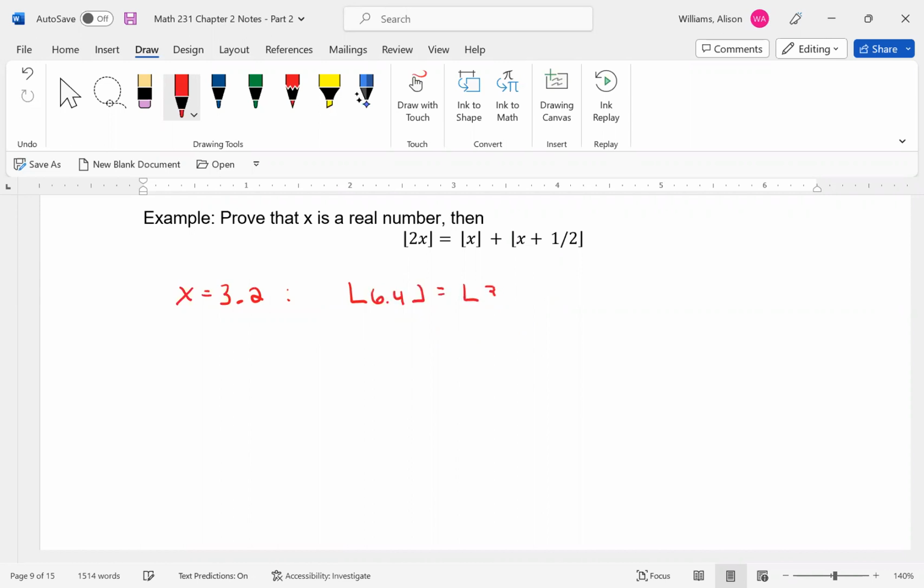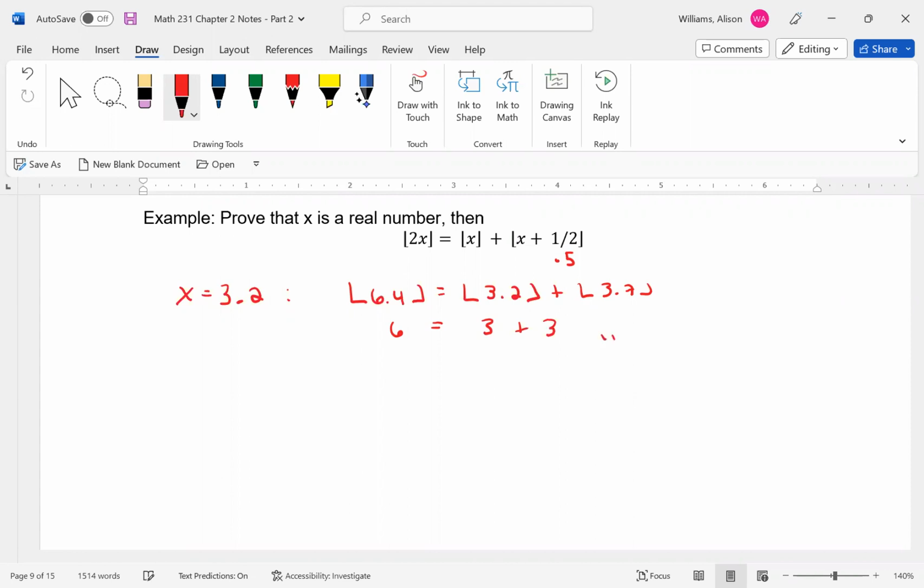And then we're saying that's going to equal 3.2 plus half, which is 0.5, or 3.7. I hope we're comfortable with that. I've been thinking of this as 0.5 rather than half. Okay, so that's a 3.7. So 6.4 under the floor function is going to be 6 because it's going to round down. And this one's going to be 3 because it's going to round down. And this one's going to be 3 also because it's going to round down.